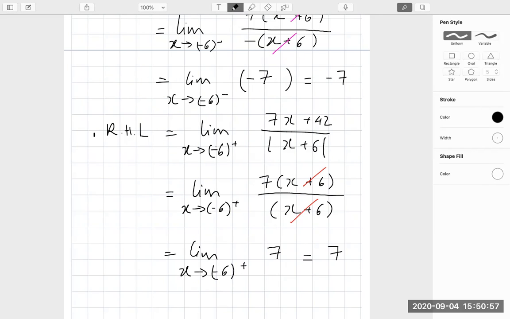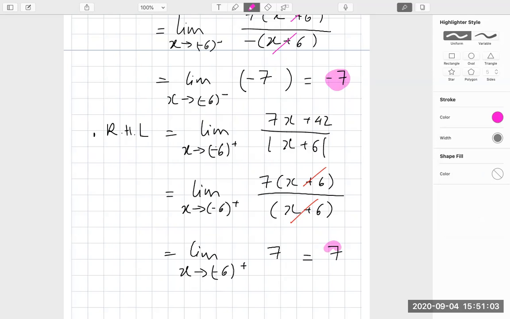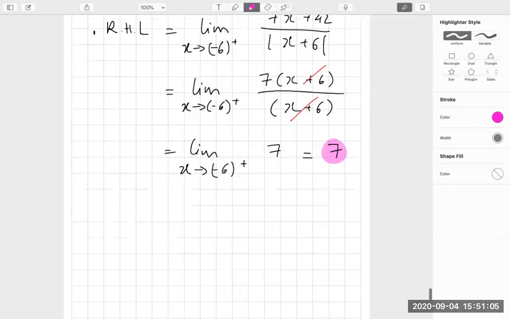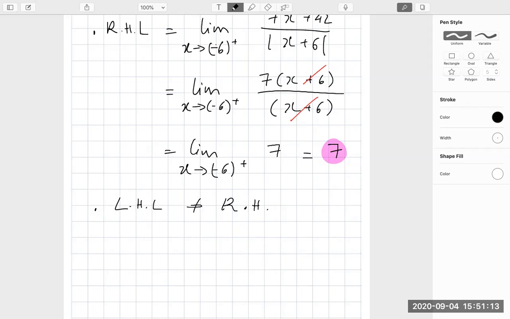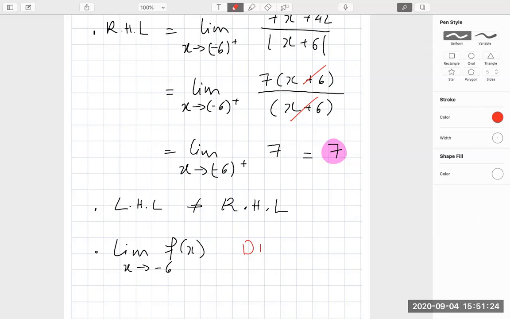Perfect. Now, the left-hand limit is -7. The right-hand limit is 7. They are different. It means the limit of this function when x approaches -6 does not exist.